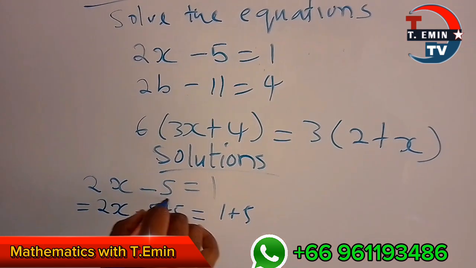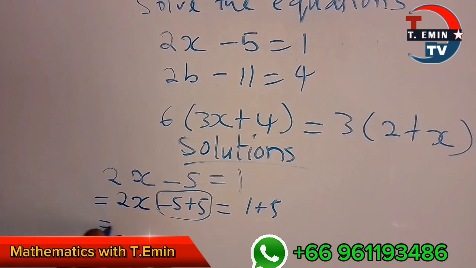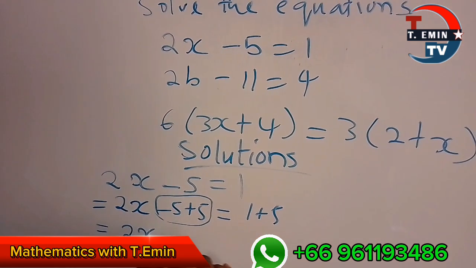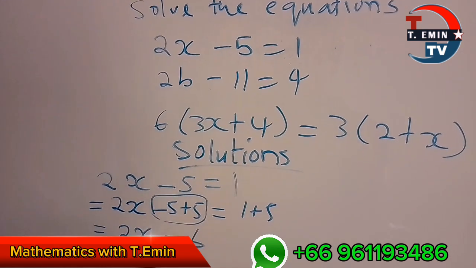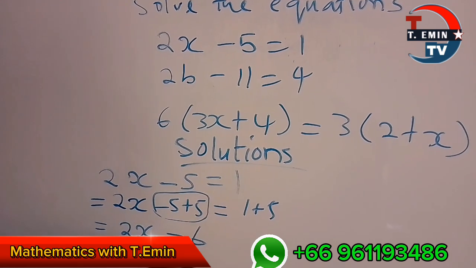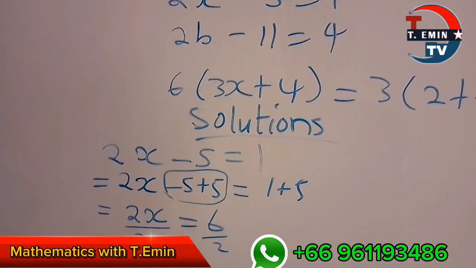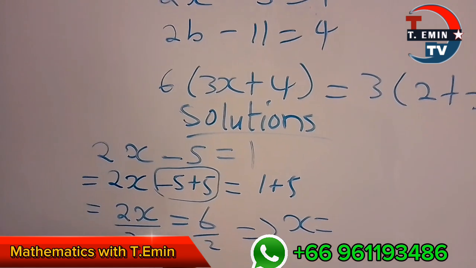So here, this one totally now gives me 0. So what I got is 2x equal to 6. And to get my x alone, I divide through by 2. This implies that my x equal 3.